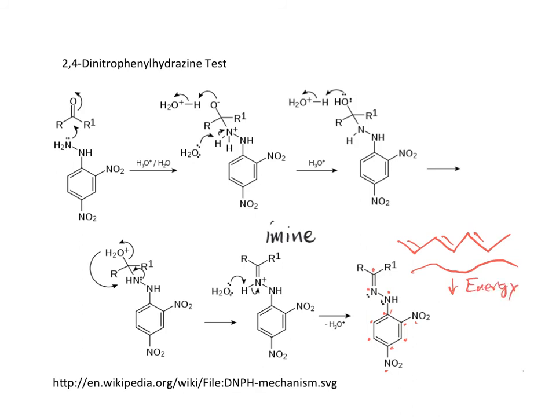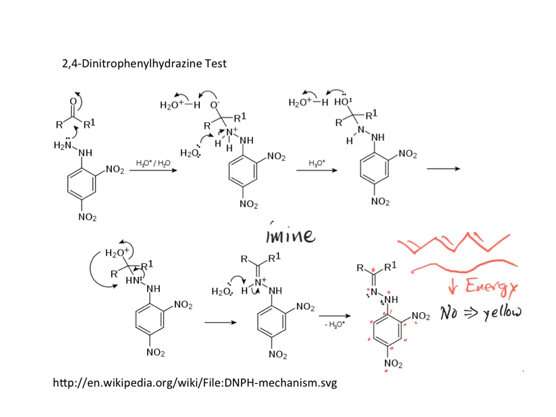And we can get this energy into the visible spectrum. Now, as we see it here, this is all the same, right? But what happens is the length of the pi system depends on whether there are any pi bonds in either of these groups. So if there are no pi bonds in either of these groups, then these derivatives appear mostly yellow.